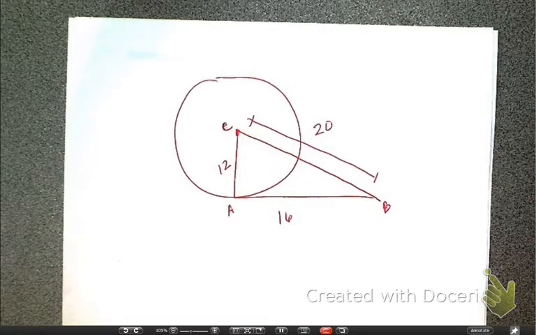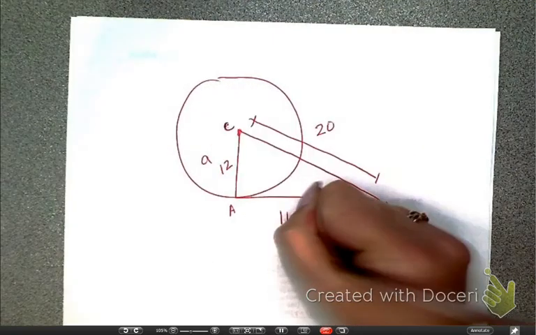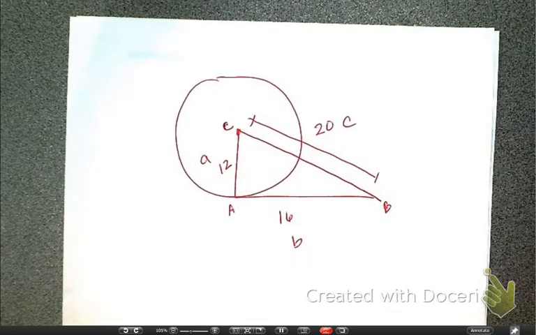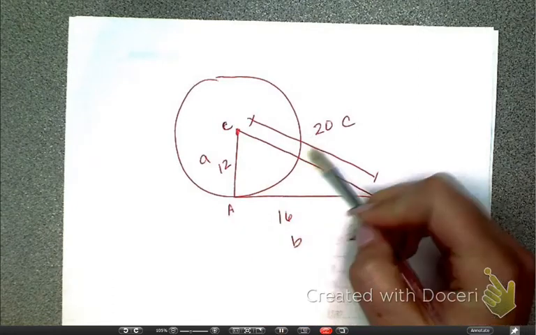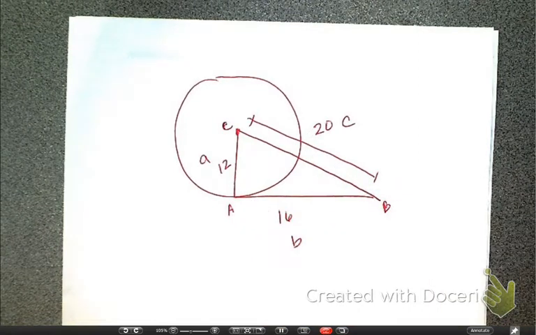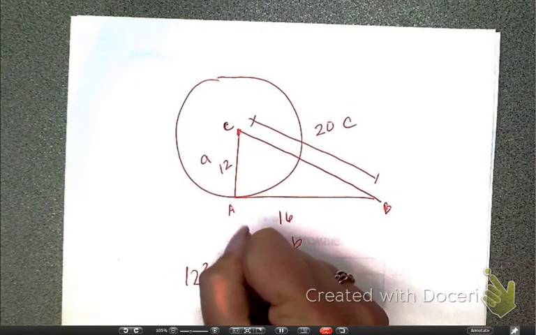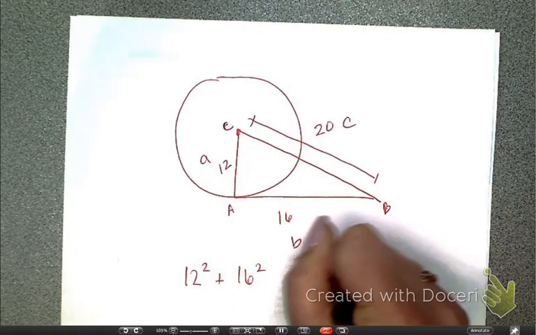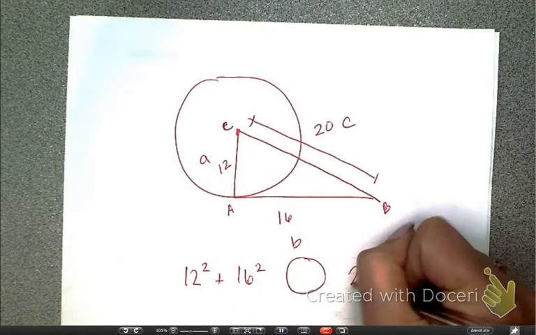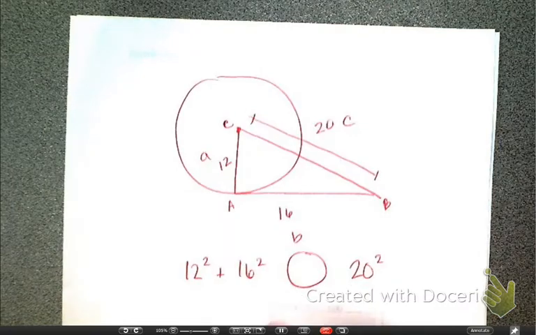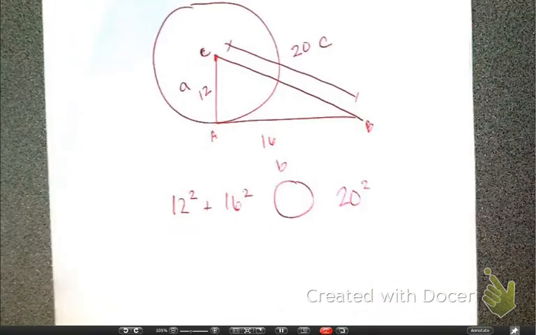So that's what we are trying to prove. So let's call this a, let's call this b, and that's c. Because theoretically that would be the hypotenuse, right, if this is the right angle. So a squared plus b squared might equal c squared. That's what we're trying to figure out.